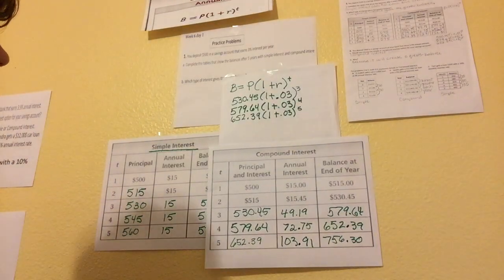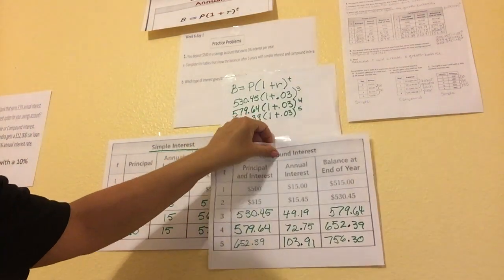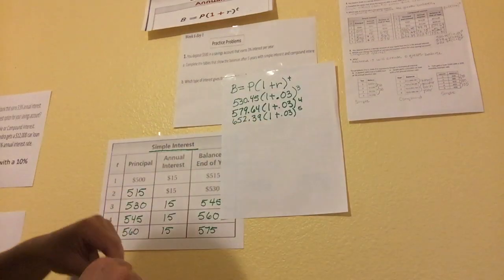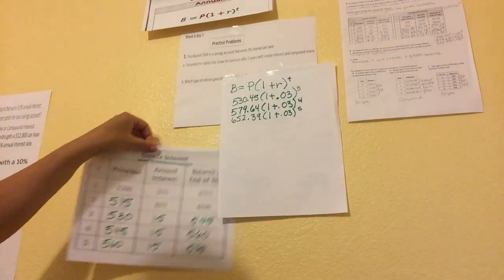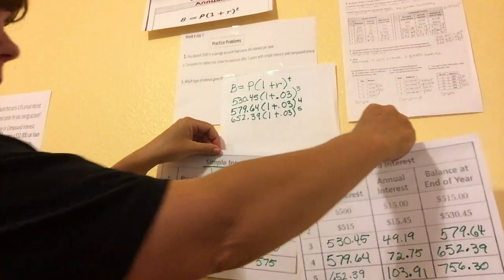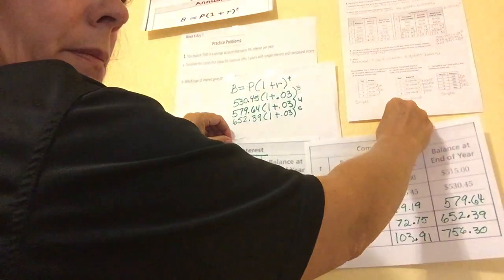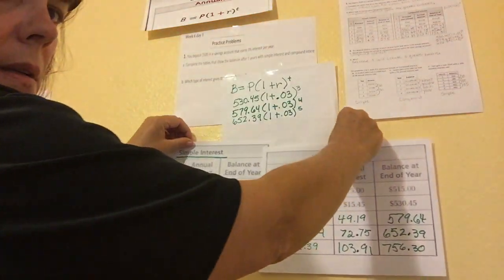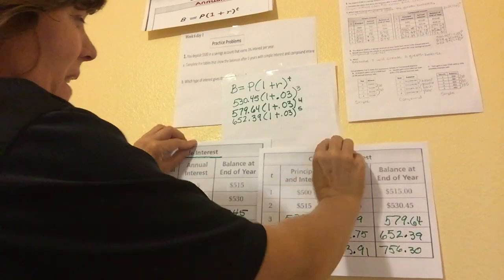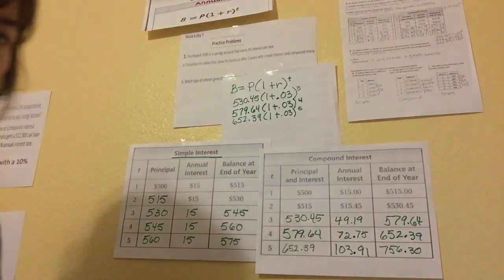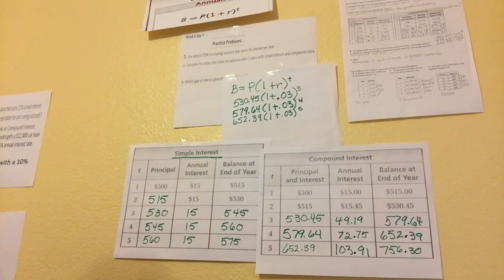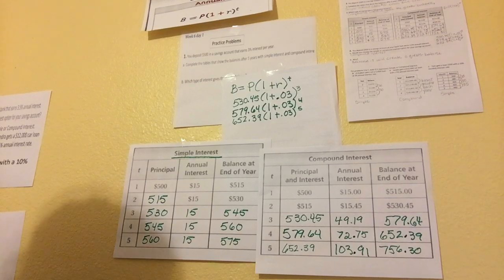Okay, so if we look at this one, we're being asked to compare these two charts. So it's asking you in 1B which one's going to give you the most money.